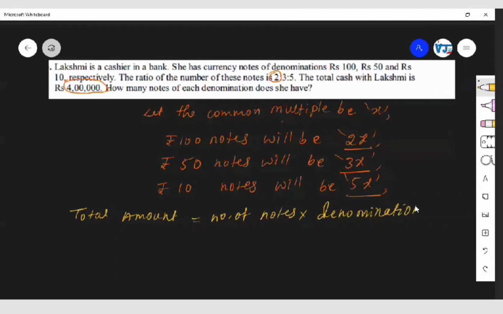So what is the total amount here? 4 lakh.